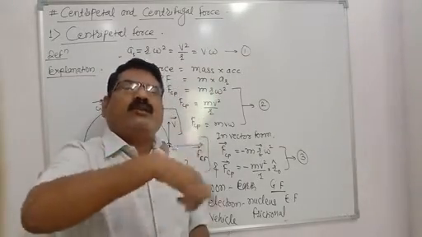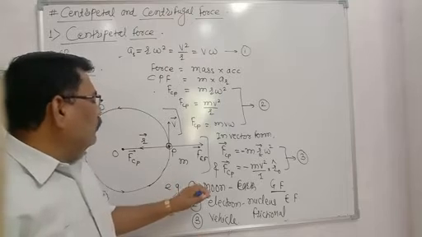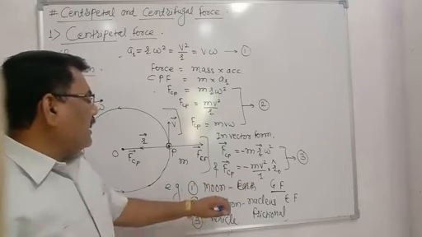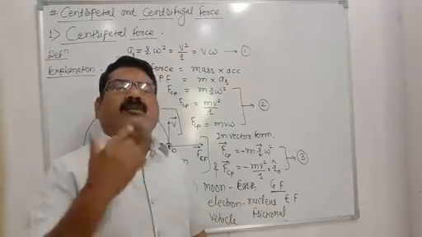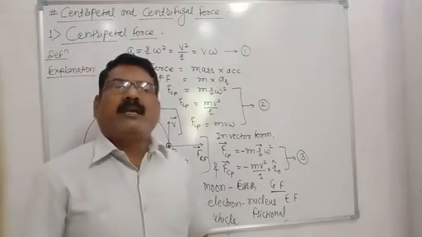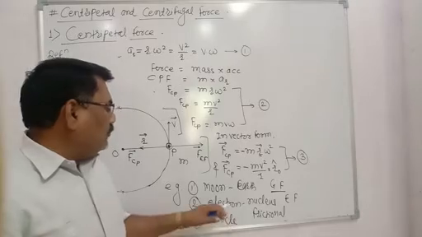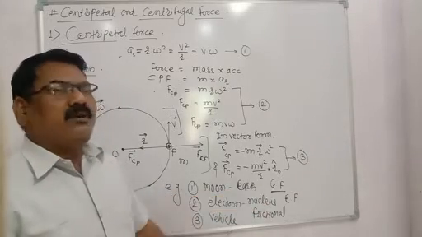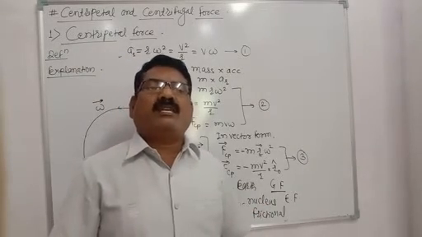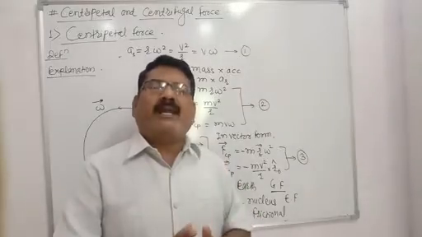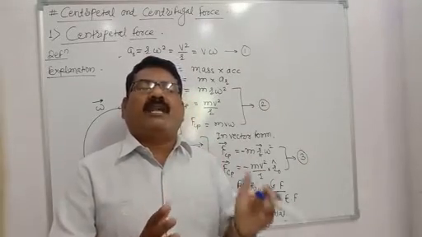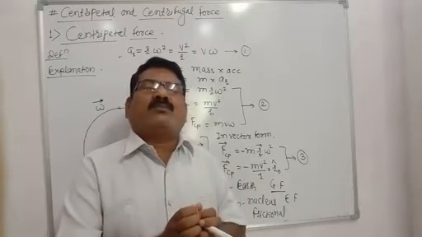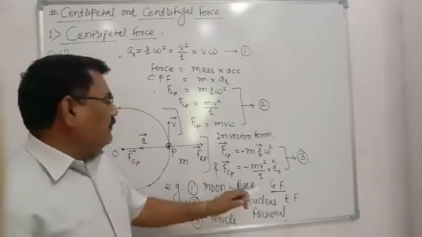In the second example, the electrons revolve around the nucleus in a circular orbit, and for this circular motion the electrostatic force of attraction between the electrons and nucleus is provided as the centripetal force.